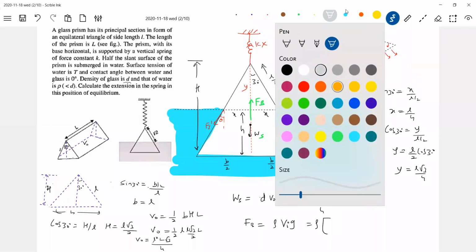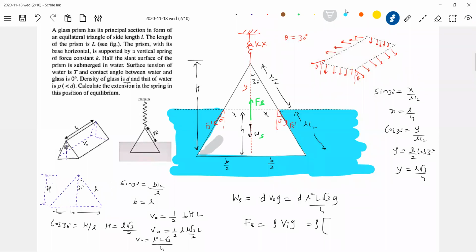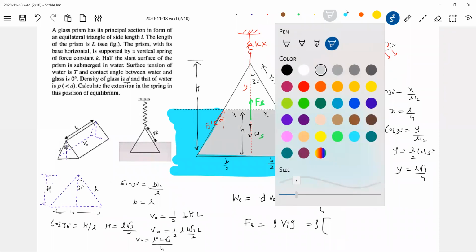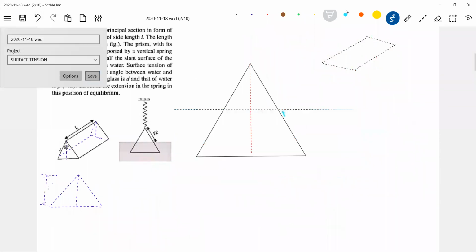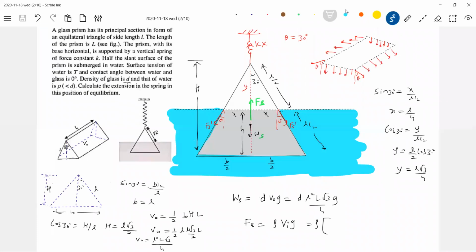I think you are able to see the volume immersed. This much is what is immersed, no? The gray color, are you seeing the gray color? This is the volume immersed, no? Even for me, I have to fight with the diagram, there's no other way. How to calculate volume immersed? In the bigger volume, V naught, minus volume of the smaller prism.